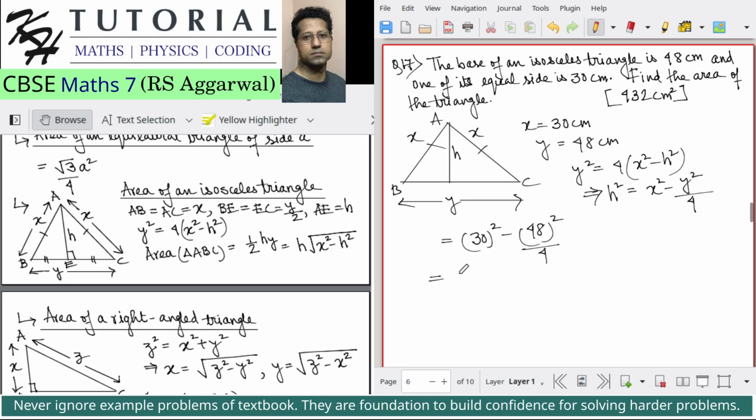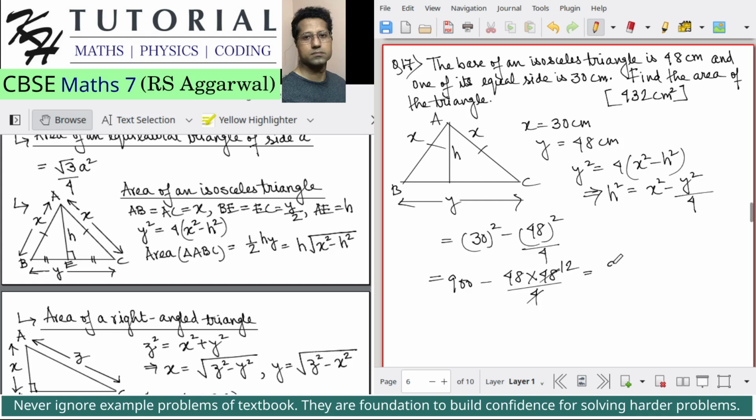So we have to compute this. How do we compute this? 30 square minus 48 square by 4. So this is 900 minus 48 multiplied by 48 divided by 4. So 4 cancels with 12.